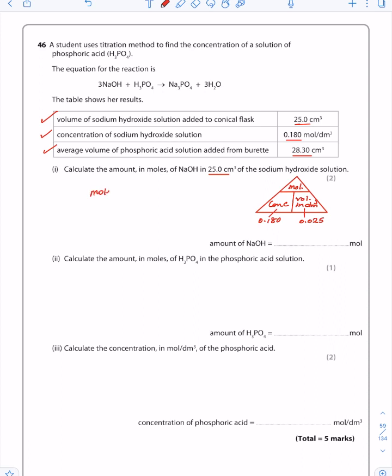So the moles of sodium hydroxide is equal to concentration 0.180 times volume 0.025, which gives 0.0045 moles. So the moles of sodium hydroxide is 0.0045 moles.